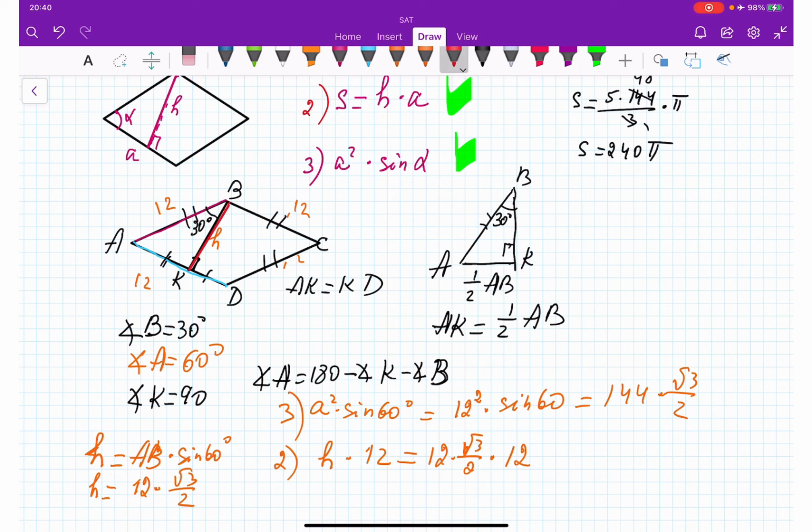This is my angle at the height, and it's breaking this side AD into AK equal KD. This is one property of rhombus, not property, theorem of rhombus that I used.